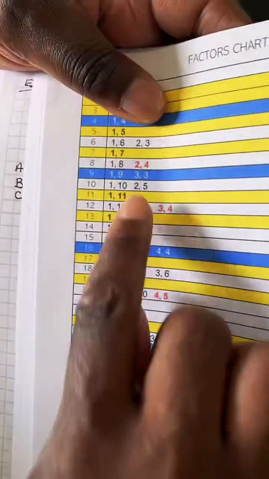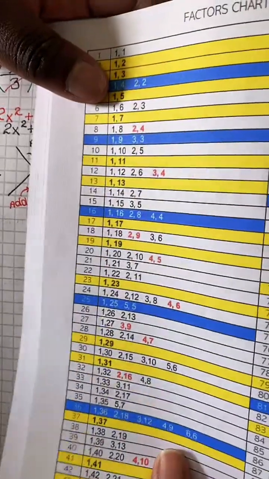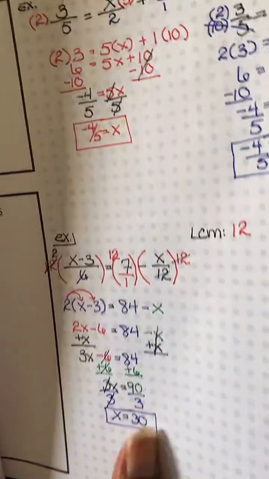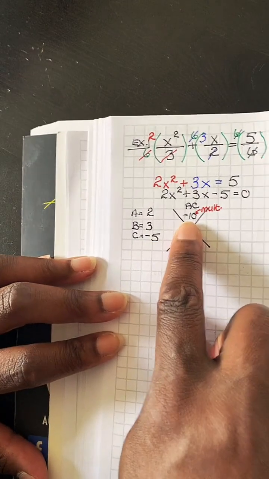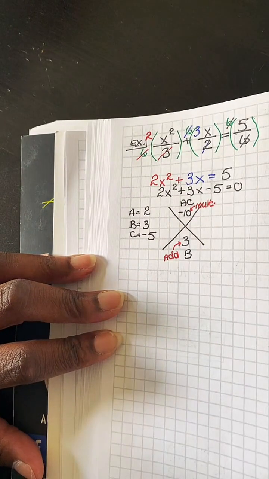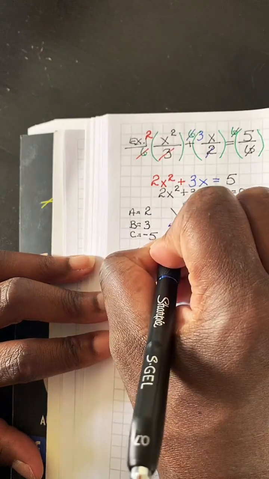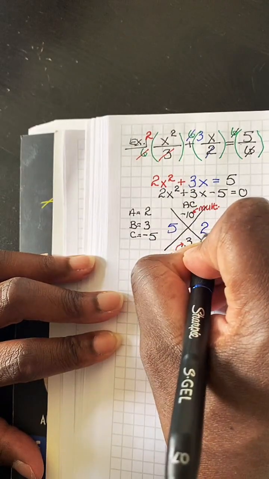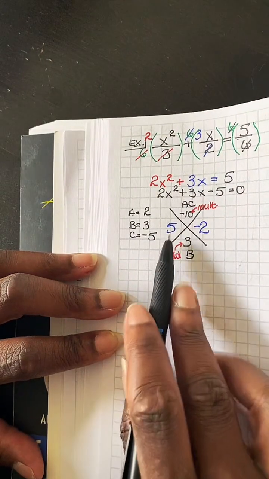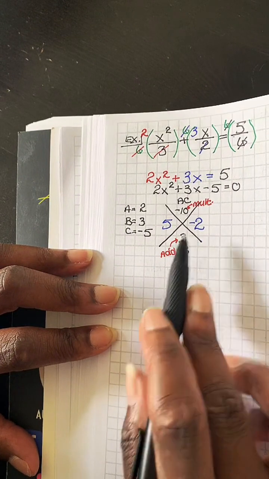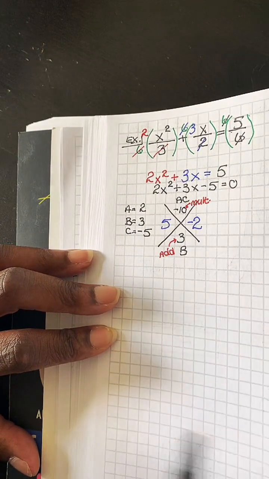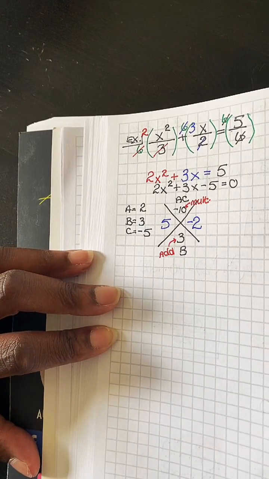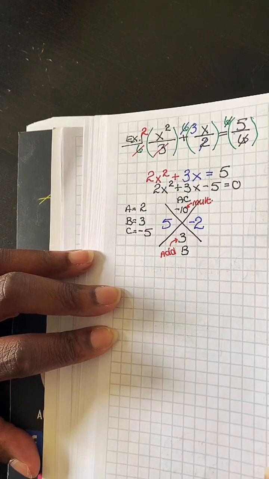I want to know which one of those I can add up together to get me a 3. But you can't add them, you're going to have to subtract them because we're looking at a negative 10. So if I do 5 and 2, the 2 has to be negative, because 5 plus negative 2 will give me a positive 3.